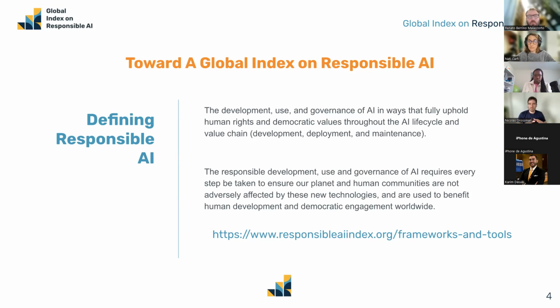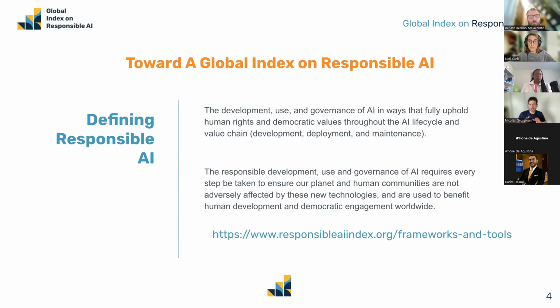The development, use, and governance of AI in ways that fully uphold human rights and democratic values throughout the AI lifecycle and value chain. And also, the responsible development, use, and governance of AI requires every step to be taken to ensure our planet and our communities are not adversely affected by this new technology and that it is used to benefit human development and democratic engagement worldwide. So this is the starting point.